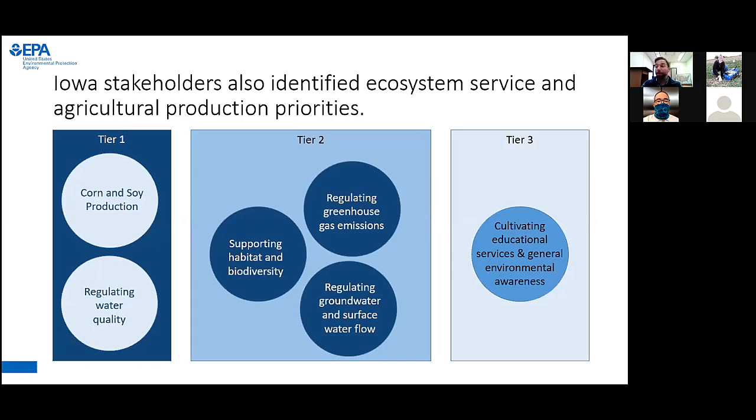Supporting habitat and biodiversity, regulating greenhouse gas emissions, and regulating groundwater and surface water flow were also recognized as priorities for the region, followed by the cultivation of educational services and general environmental awareness. So today, I'm going to focus on the habitat and biodiversity work, but note that we're continuing to assess these other aspects as well.